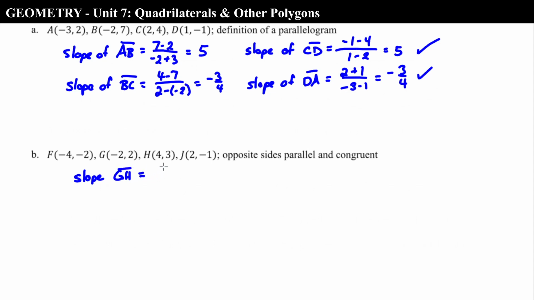And that's going to be 3 minus 2 over 4 minus negative 2, which is 4 plus 2, which gives us 1/6. The slope of JF should be the same thing. So we got negative 2 minus negative 1, which is going to be negative 2 plus 1, over negative 4 minus 2. That gives us 1/6 as well.